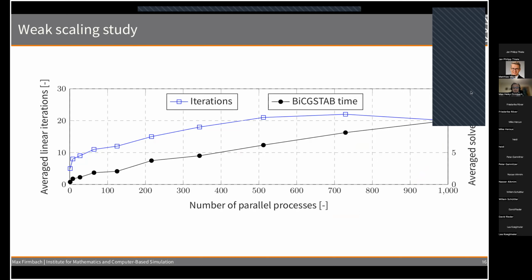But for higher core counts, we can see that it flattens out and might stay constant overall. Sadly, we can't go to a higher number of processors right now, which might be interesting to investigate at some point to see if it really stays constant. But at least for what we have now, we're quite satisfied with the results so far.